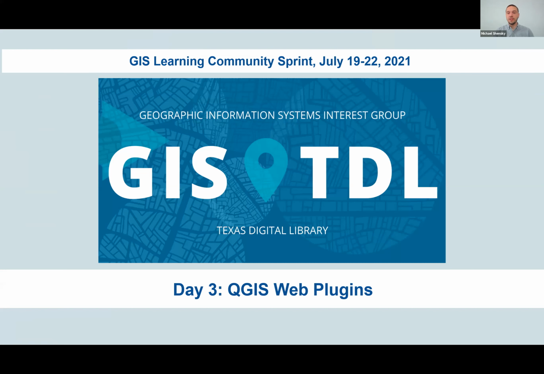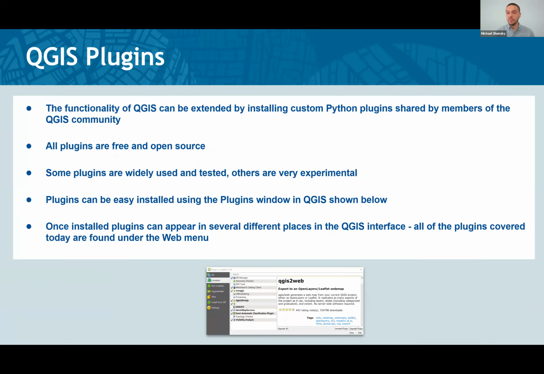Great. All right, so today we're really going to be focused on functionality within QGIS that is specifically provided through web plugins. And the great thing about QGIS is that it is really extensible. It's a free and open source application that is cross-platform. It will run on a Mac, on a PC, on a Linux computer.